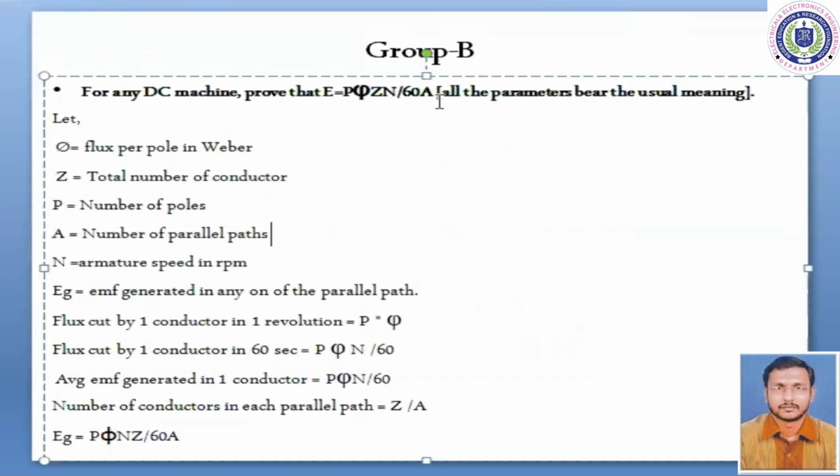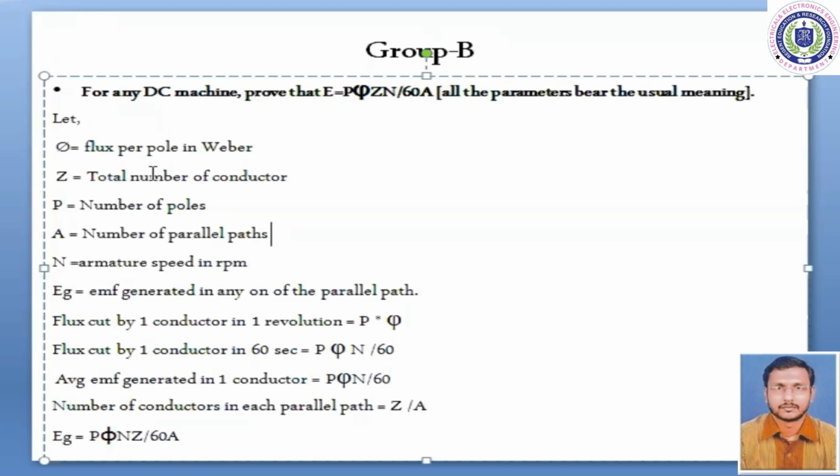This is the question. That means you have to establish the EMF equation of a DC machine. For answering this question, first of all, you have to designate all the parameters associated with the DC machine. And then you have to apply the mathematical representation so that you can easily develop the EMF equation.